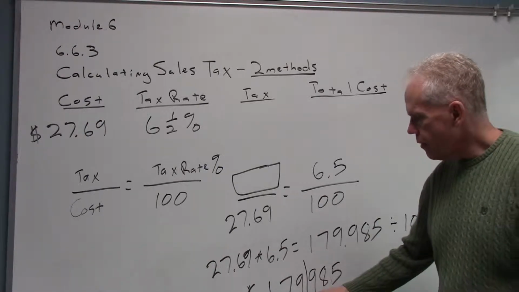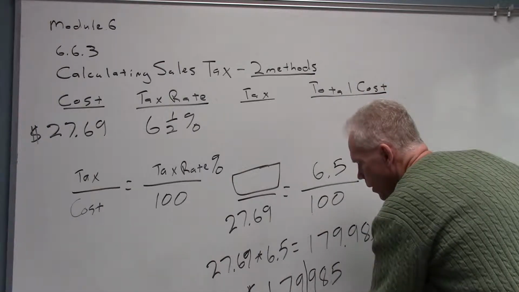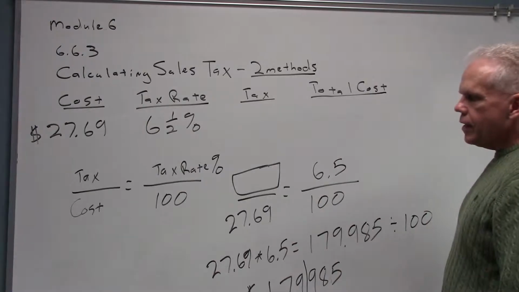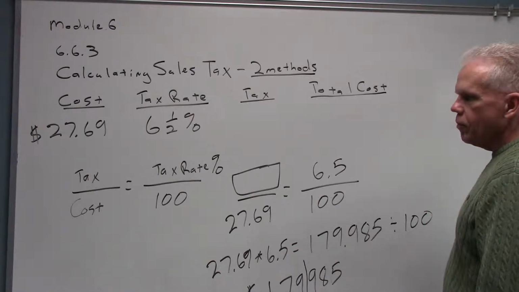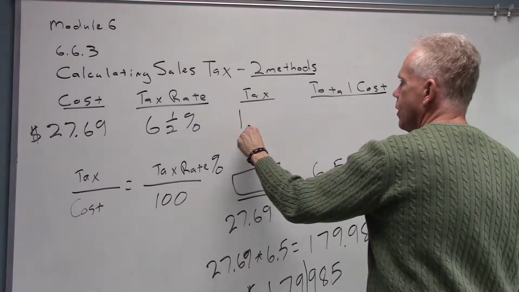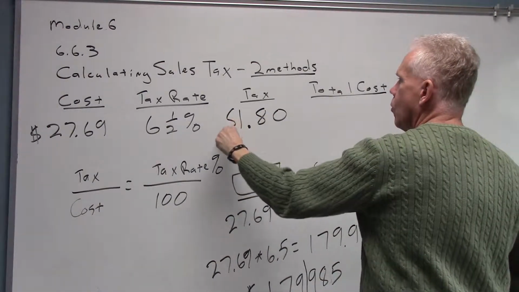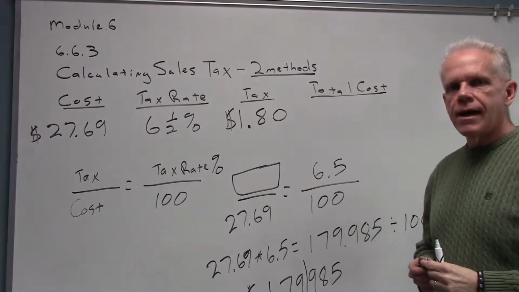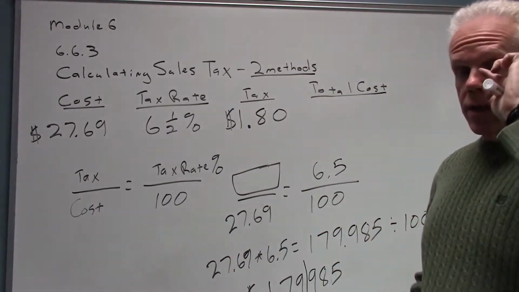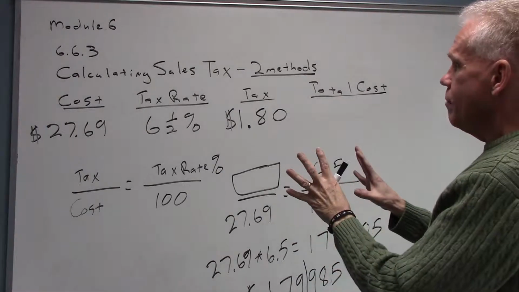This 9 is going to round that up to a 0, and it's going to round that up to an 8. So what we end up with here is 1.80. The tax on this is $1.80.